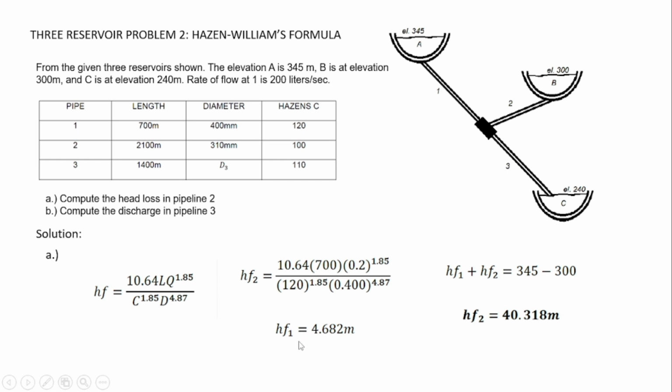Since we now have the value of major head loss 1, we can solve for our major head loss 2. Substituting the 4.682 meters here, the value of our major head loss 2 is 40.318 meters.